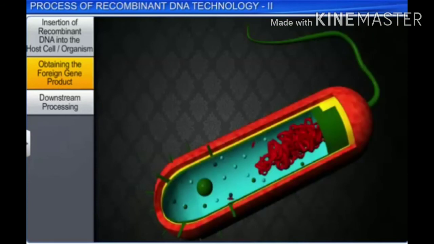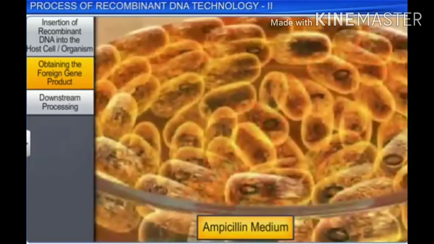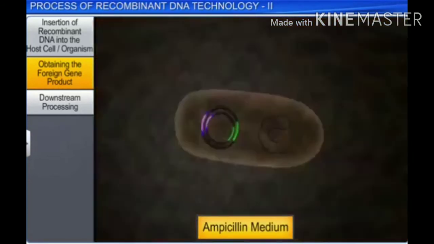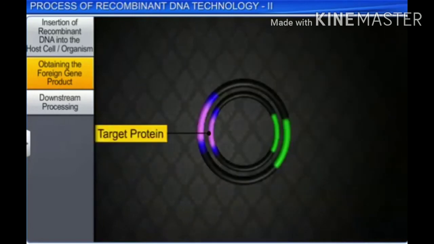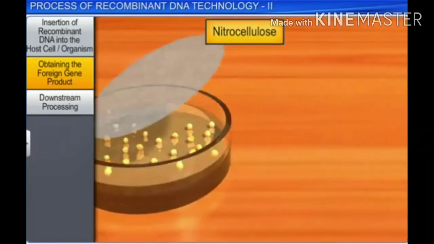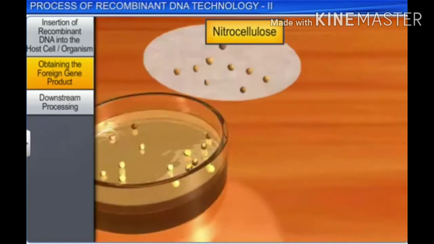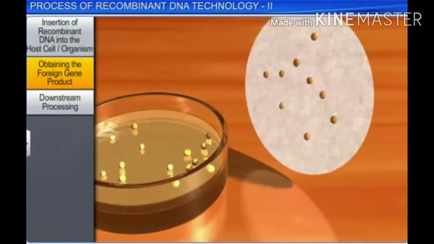Cultures such as an ampicillin medium may be used to extract the desired protein. Then this protein can be purified by using different separation techniques such as nitrocellulose filter and autoradiography.